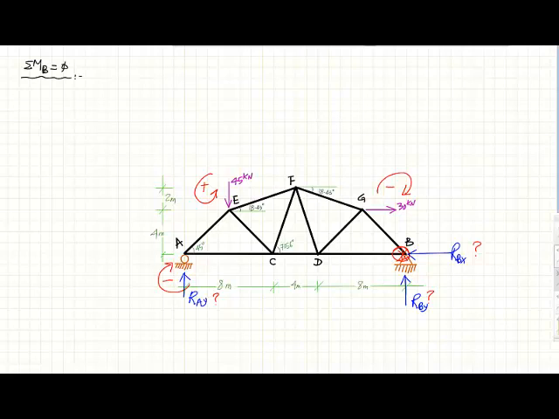So we'll go ahead and do the equation. It will be, this is negative RAY, so we'll start with this one. So minus RAY multiplied by the distance from here to here, which is 20. 8 plus 4, 12 plus 8 is 20, multiplied by 20 meters. And then we do this force, which is 45, this is positive, so plus 45 kilonewton, and the distance is from here to here, which is 4 plus 4 plus 8 is equal to 16, multiplied by 16 meters.